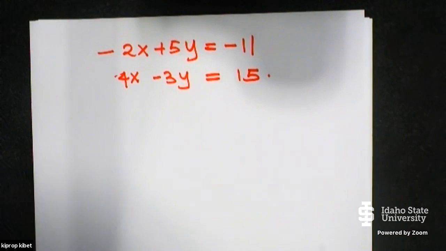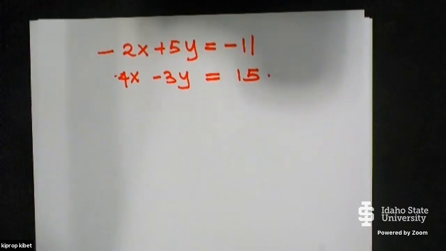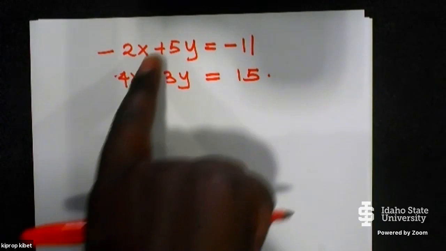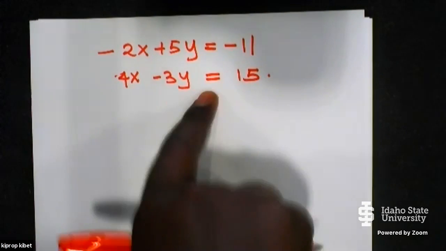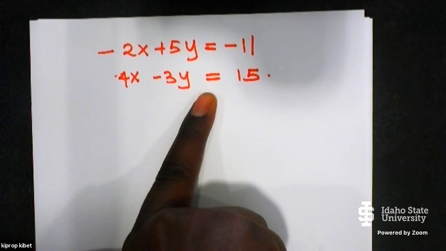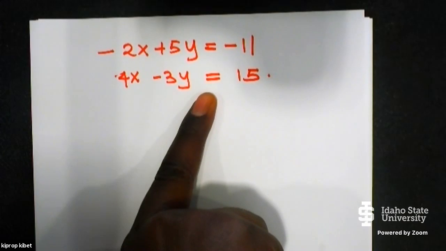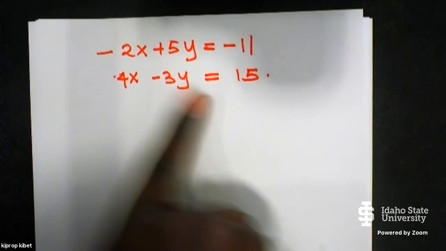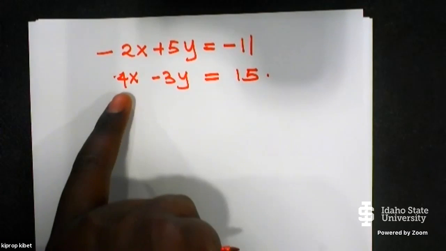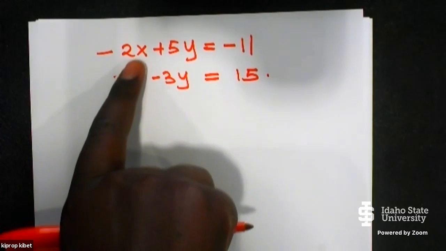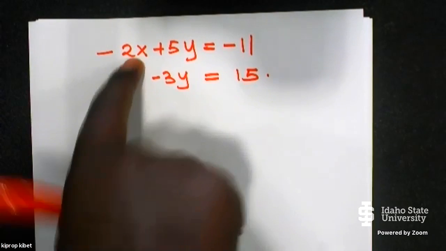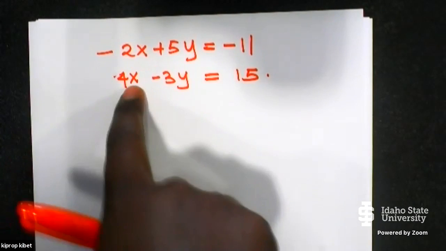In the elimination method, we try to eliminate one variable. We can eliminate x or we can eliminate y. So you look at the variable which can easily be eliminated. When you look at the first one, the coefficient of x is minus 2, and here it is 4.